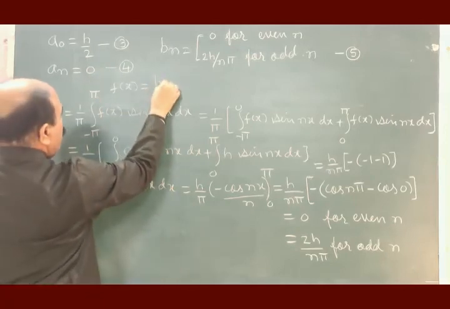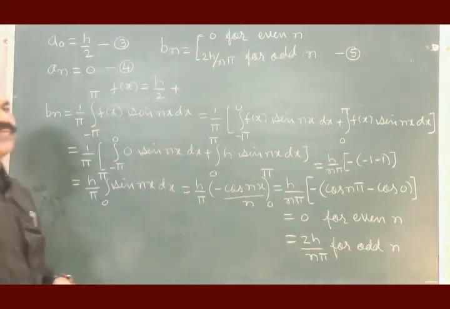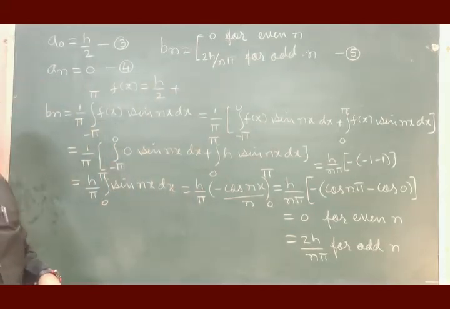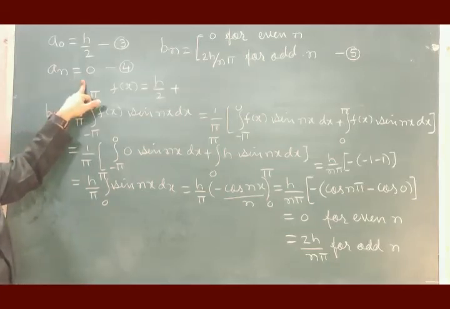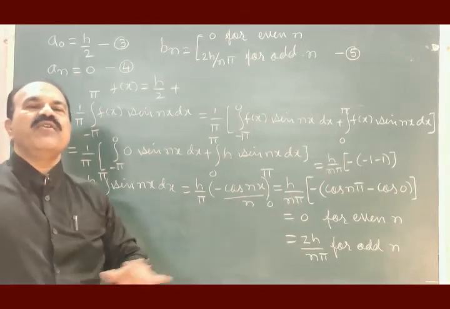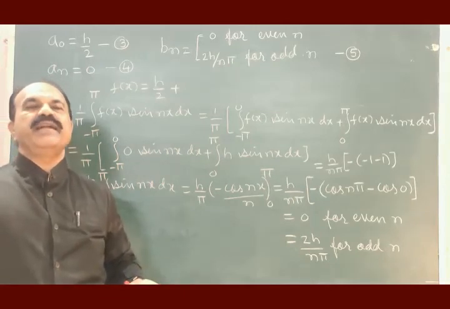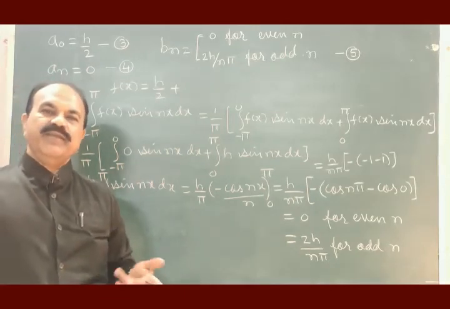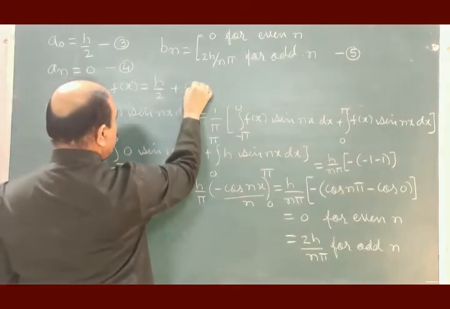H by 2 plus summation over n is equal to 1 to infinity An. What is An? 0. As An is 0, there will not be any cosine term. 0 multiplied by cos nx will be 0. Or for time being, you may put 0 here.